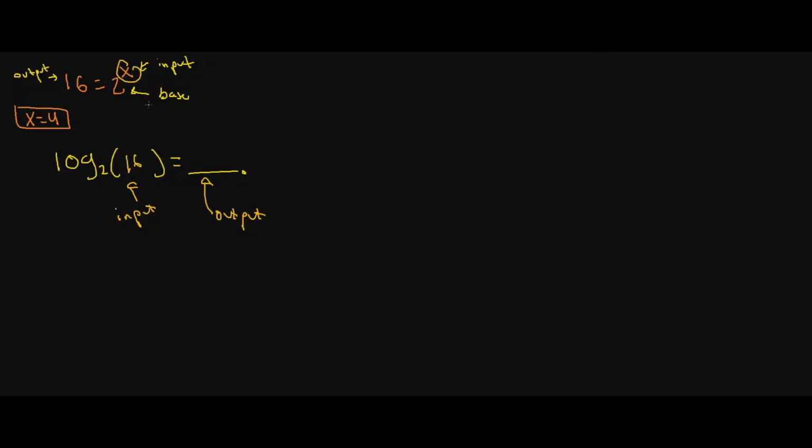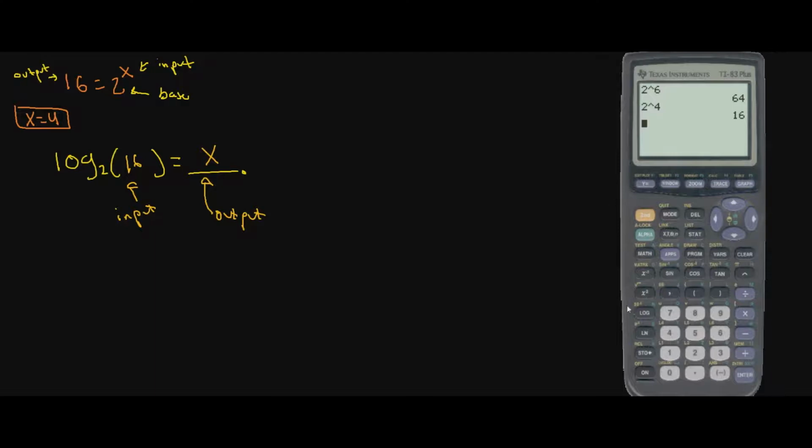The x, the input, has to become your output, so that's going to go there. All right, now this is a problem because I can't just go to the calculator and type log of 16, right? Because my calculator right now, if you look, doesn't have a 2 there. Remember, if it doesn't show it, it's an invisible 10. That's a problem, 1.204. See, that's not going to work.